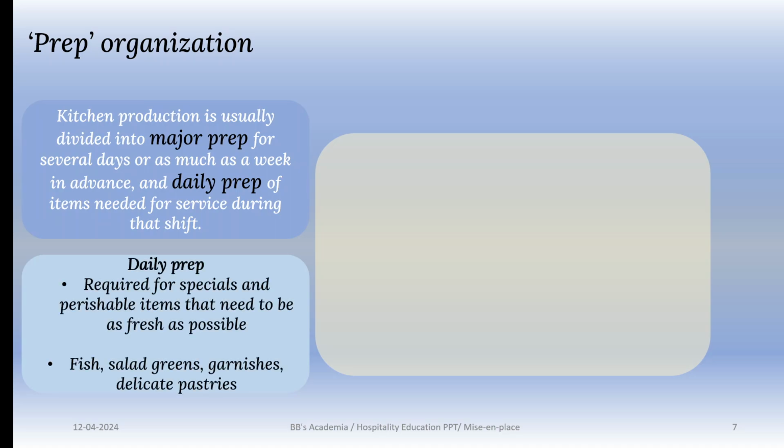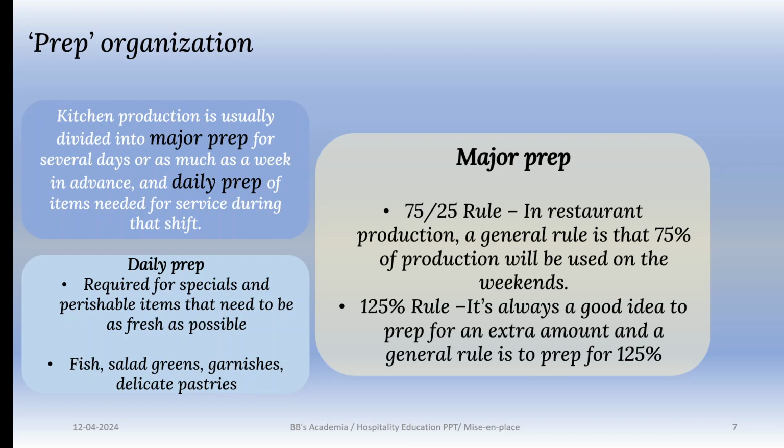Daily prep is required for specials and perishable items that need to be as fresh as possible, as I have mentioned. Fish, salad greens, garnishes, delicate pastries will be under daily prep only. For major prep, we always follow the 75-25 rule.